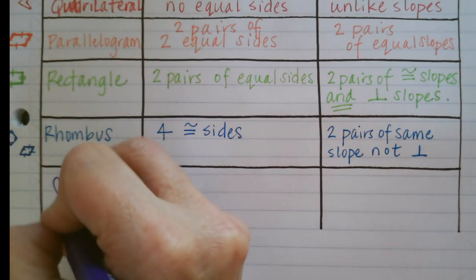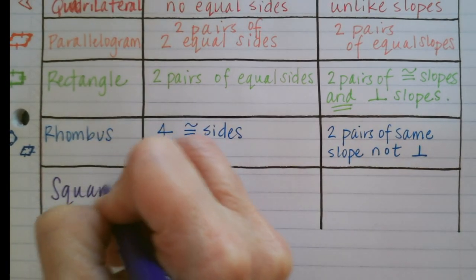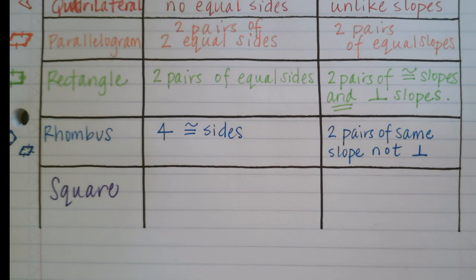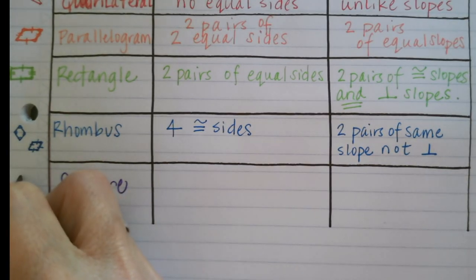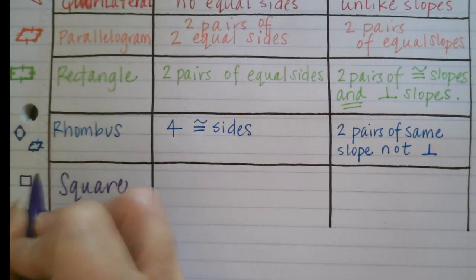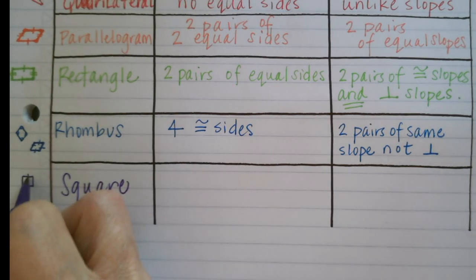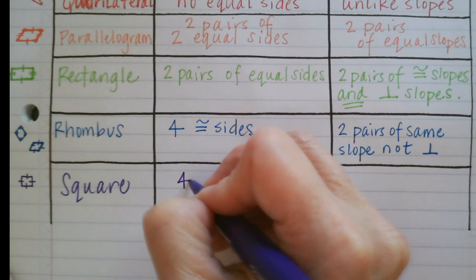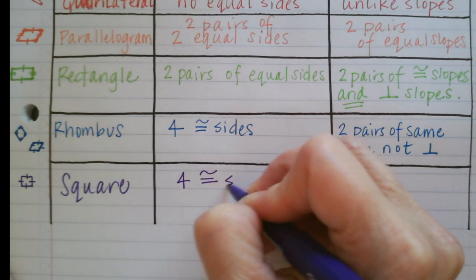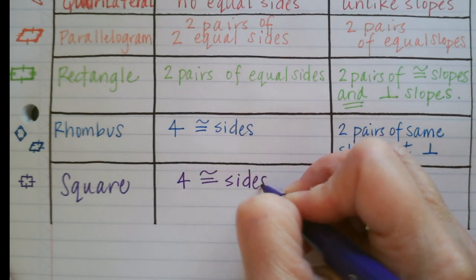All right, so square is the perfect quadrilateral. So the square is the regular quadrilateral. So the deal with the square is that it has all of the characteristics of above. So all 4 sides are congruent. So we would need to have 4 congruent sides.